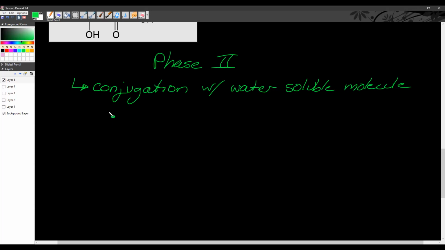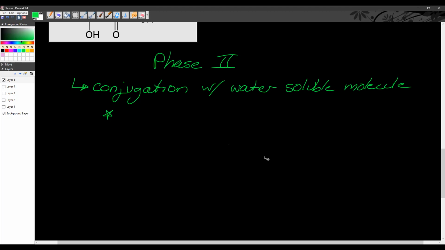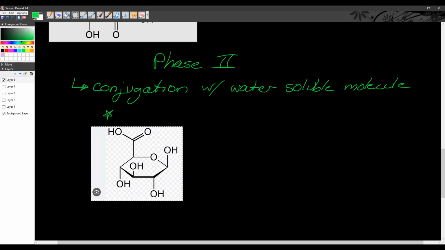The top one, and the one that you should always be aware of what it looks like and be able to pick it out of a crowd, is glucuronic acid. Glucuronic acid is the oxidized form of glucose.